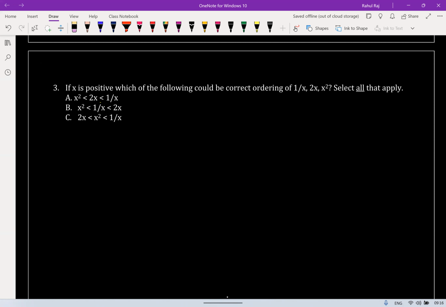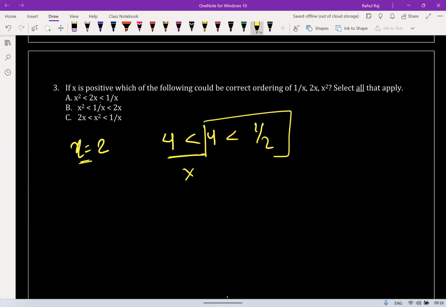I tried x as 2, but please understand, first of all, 4 less than 4 is not possible in math, and 4 less than half is not possible in math. So you can't try for 2. But when you try for half, it works.